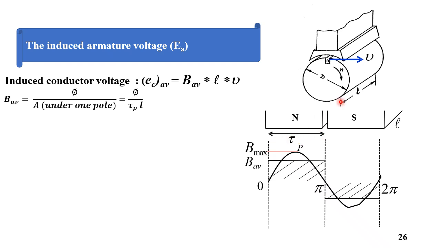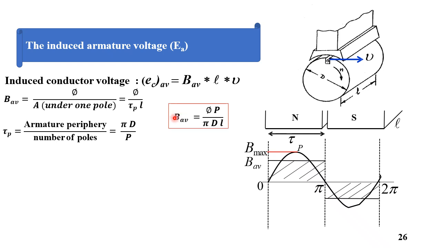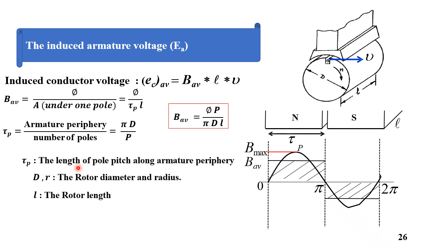The pole pitch equals the circumference of the circle divided by the number of poles, that is 2 pi r or pi times diameter, divided by the number of poles, where tau p equals pi times diameter divided by the number of poles. Then B average equals phi times P divided by pi times the diameter times L, where tau p is the length of the pole pitch along the armature periphery, D is the diameter of the rotor, R is the radius of the rotor, and L is the rotor length.